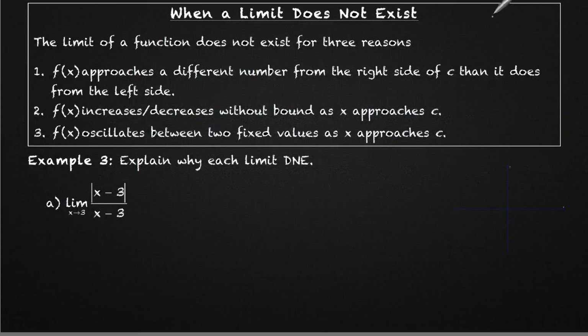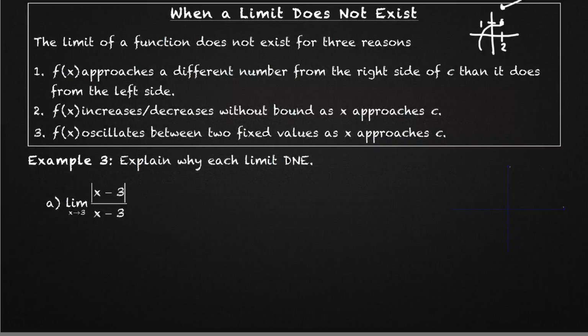So an example of this may be, let's say we have a function that looks like this, and let's say it's some sort of piecewise function. And let's say this is the number 2. As x approaches 2 coming from the left, the y value is approaching, well, let's make up a number, let's say 1.